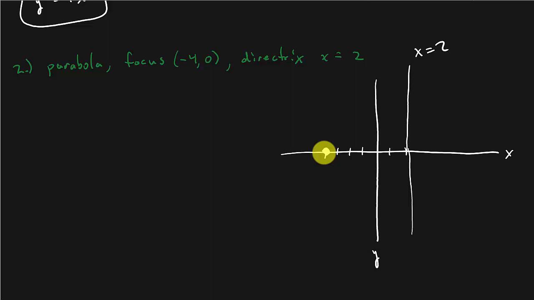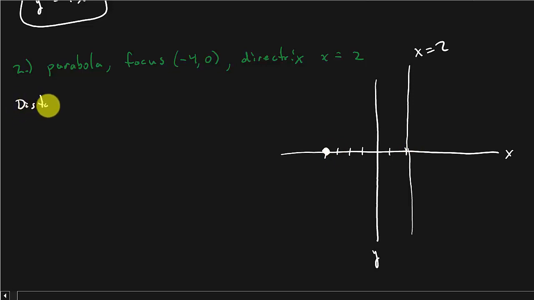We moved p units from the vertex, whether it was up, down, left, or right. How did we get to the directrix? We moved p units from the vertex. So we know the vertex is halfway between the focus and the directrix.